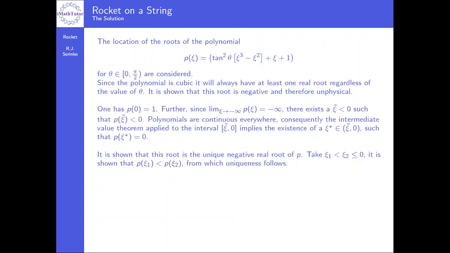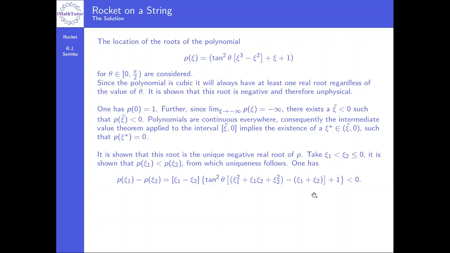Therefore, it can only cross the axis at one point, so that the root is unique. Now, this is a little bit of algebra. So again, if you'd like to work through it, feel free to pause at this point and work through the algebra.